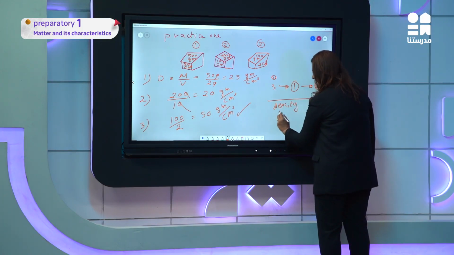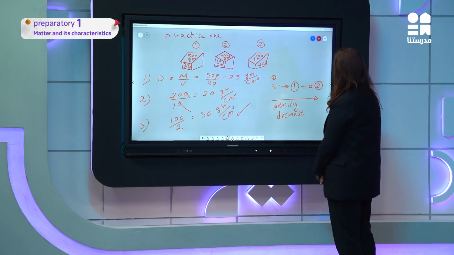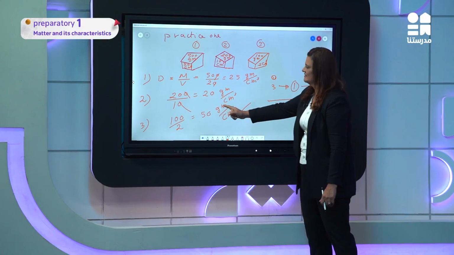Decrease. اوكي؟ يعني وانا ماشيه في الاتجاه ده الدنسيتي بيحصل لها ايه؟ Decrease. خلاص؟ عندي هنا 50, 25 and 20.